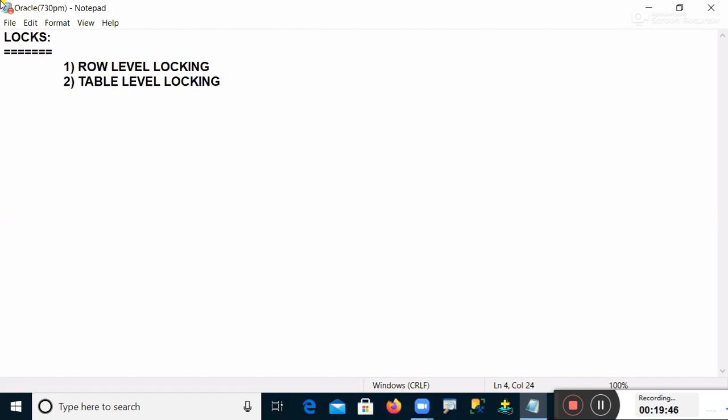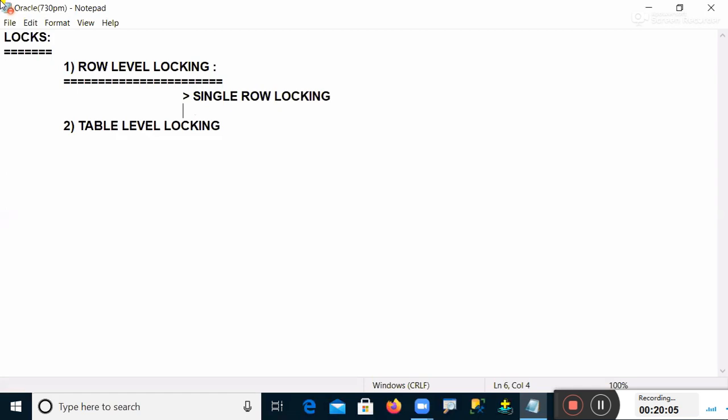In row level locking, again there are two types: one is called single row locking, and the second is called multiple rows locking.